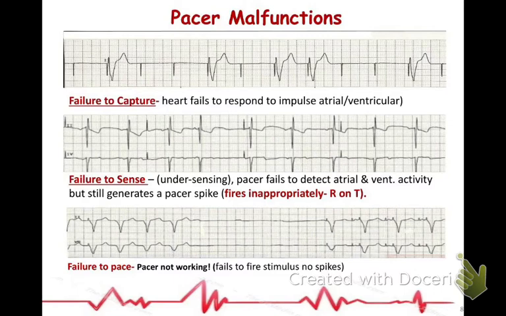So you see how there's a spike on some of the QRSs, but then there's just some spikes? It failed to capture that ventricle. Yep, the heart fails to respond.